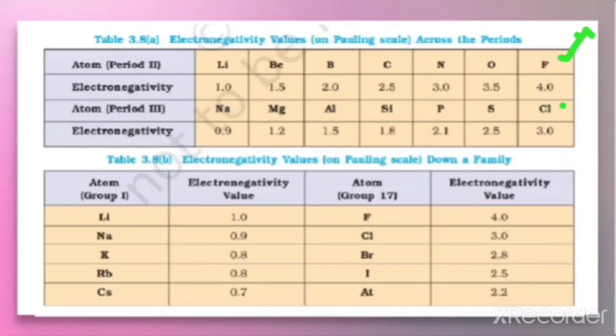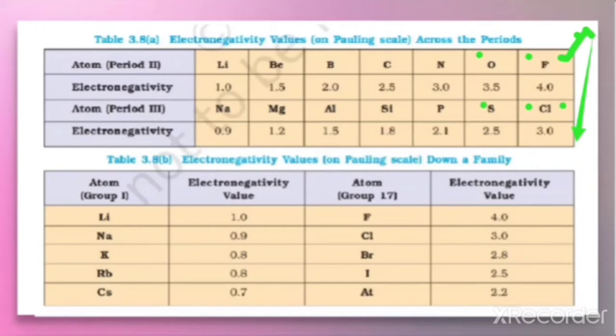We have already discussed that top to bottom, electronegativity is decreasing. Similarly, when you compare oxygen and sulfur, you can see that oxygen is more electronegative than sulfur.